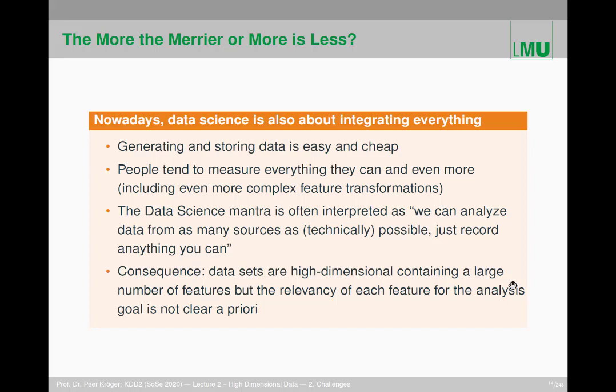That also includes even more complex feature transformations. Consider your smartphone, your cell phone. It produces a lot of data without you knowing it. Probably you know that it does, but you don't exactly know what specific data is produced, and that's all for free, more or less.